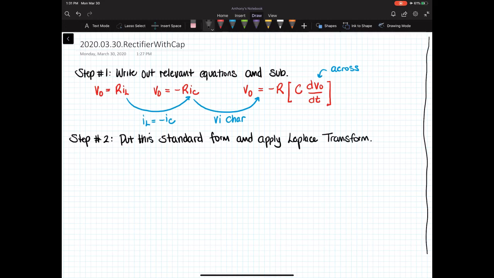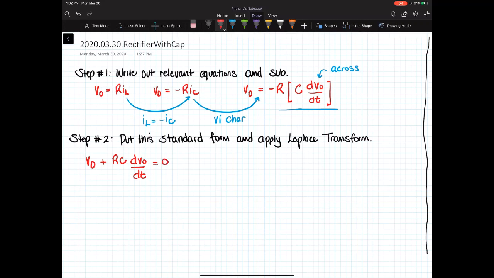Okay, so what the standard form is going to look like, and we're deriving this from the equation here, is VO plus RC dVO/dt equals 0.